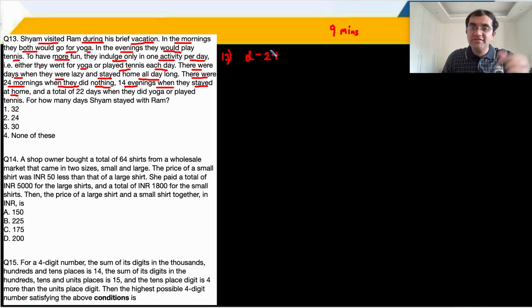So 14 evenings they did nothing, that means D minus 14 evenings they did something. So D minus 24 mornings they did something, D minus 14 evenings they did something. So the total days on which they did something is the sum of the two.